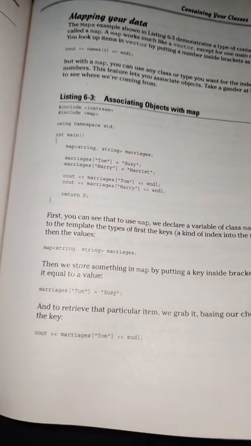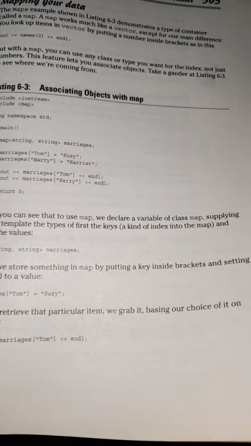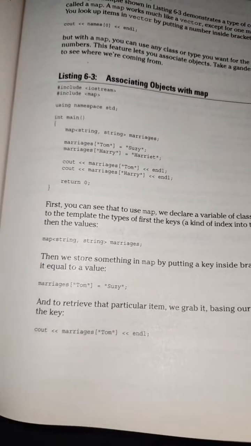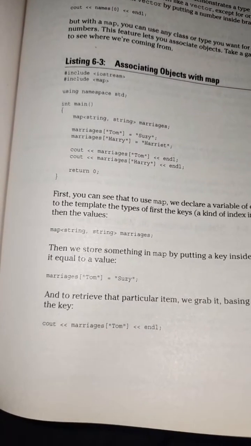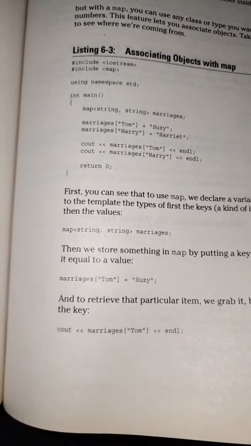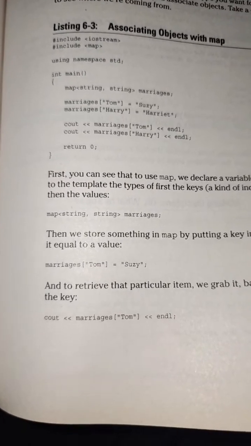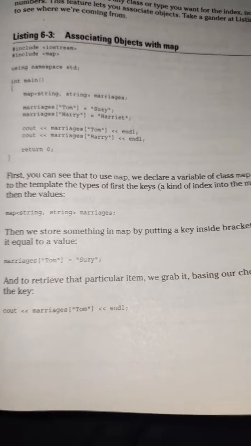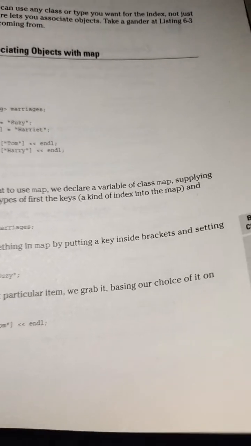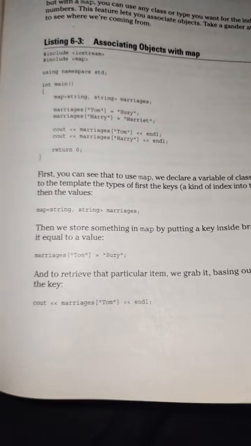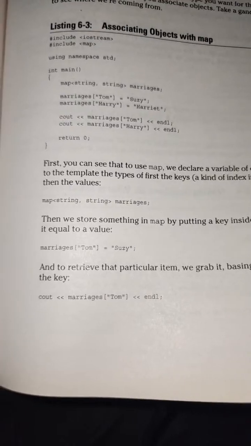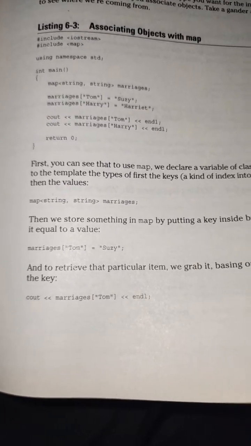Then we store something in a map by putting a key inside brackets and setting it equal to a value: marriages["Tom"] = "Susie". And to retrieve that particular item, we grab it, basing our choice of it on the key: cout << marriages["Tom"] << endl.